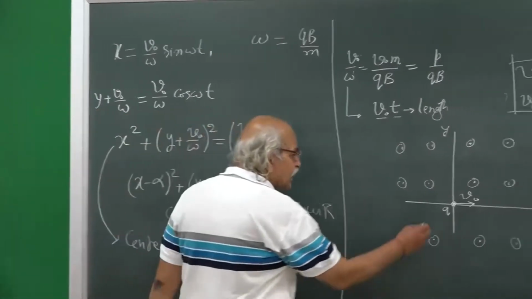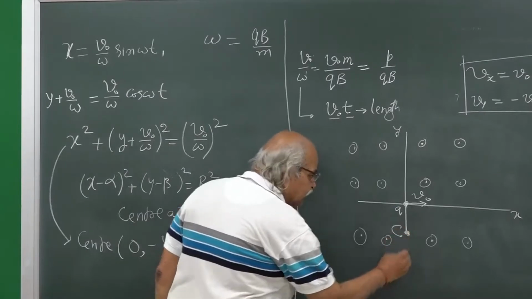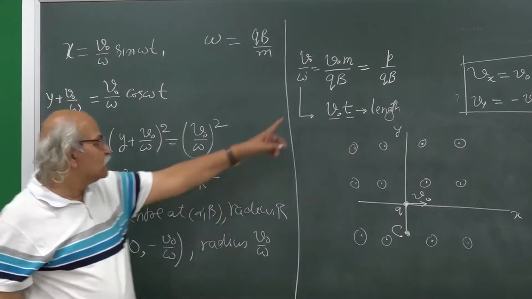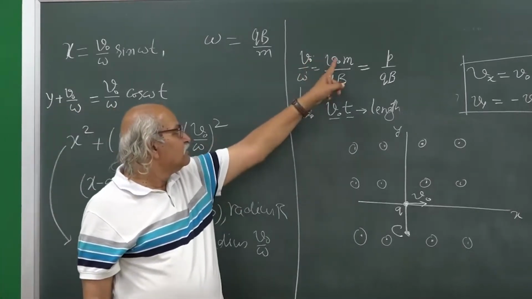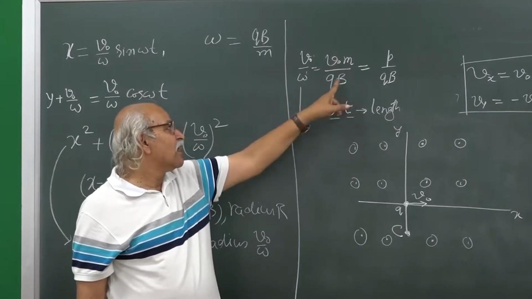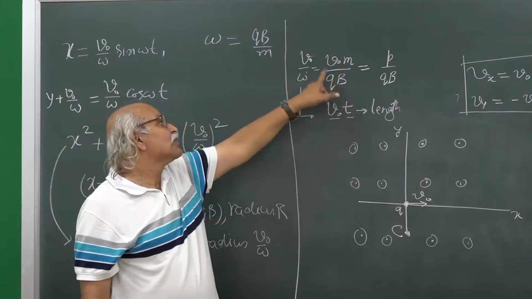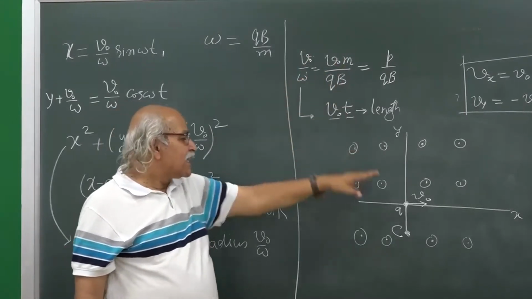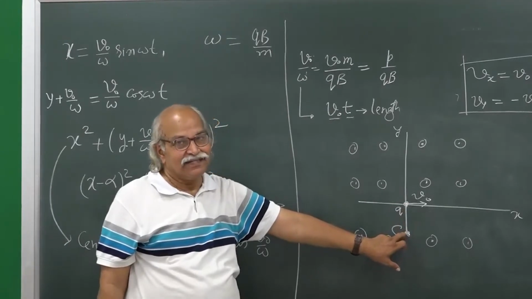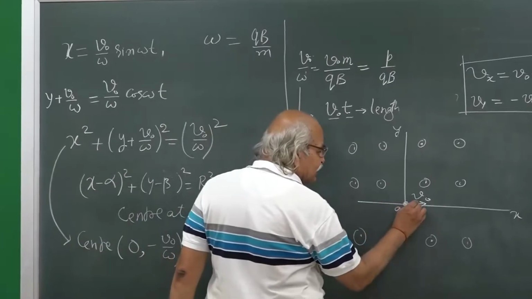So that is v naught by omega, and minus v naught by omega means the center has to be somewhere here. You calculate what v naught by omega is: v naught is given to you, the magnetic field is given to you, the charge on the particle is given to you, and the mass of the particle is given to you. So you know what v naught by omega is. That much distance in the negative y direction, here is the center, and the particle is here going in this direction.